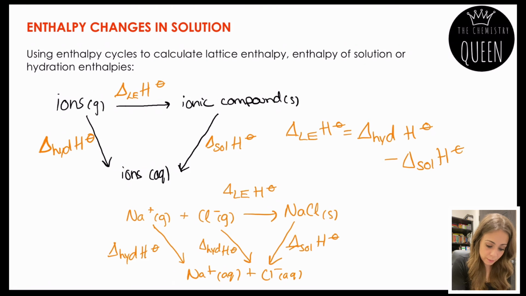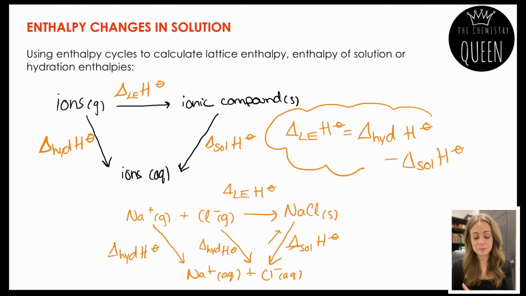And the reason that I'm minusing it is because if you look at the enthalpy cycle, the arrow for solution is pointing downwards, and in order to calculate lattice enthalpy, I would have to do the reverse of that in order to get to the sodium chloride. So I'd have to go in the opposite direction, so I'd have to reverse the arrow, and that means I'd have to change the sign. So it actually becomes hydration minus solution. So that's how you use this enthalpy cycle to calculate the lattice enthalpy of a compound.